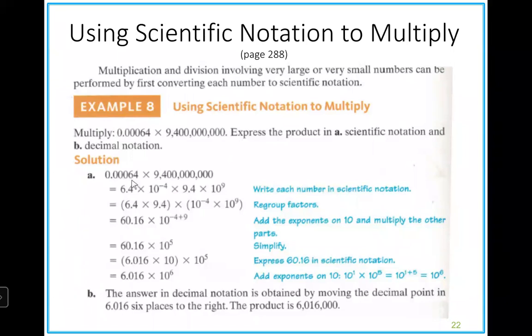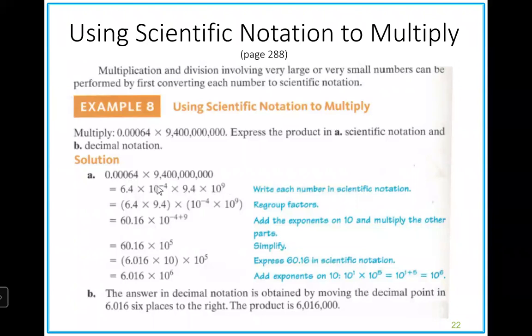So you are given the number, you write the question out, and then 0.000064 in scientific notation is 6.4 times 10 to the power of negative 4, and 9,400,000,000 is 9.4 times 10 to the 9th power.